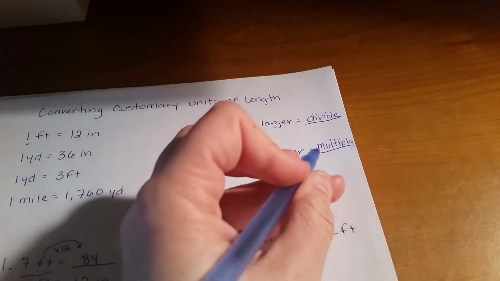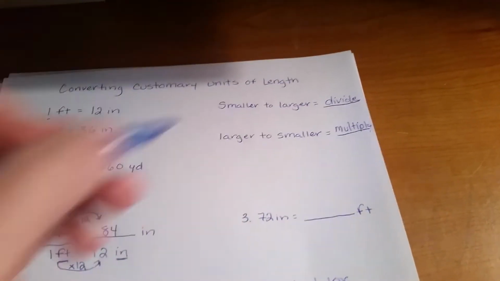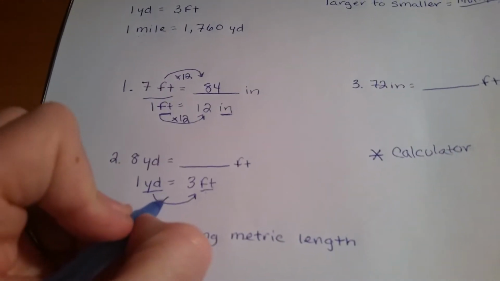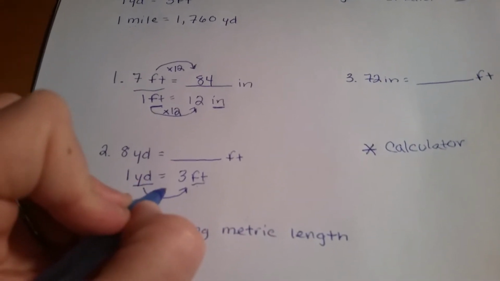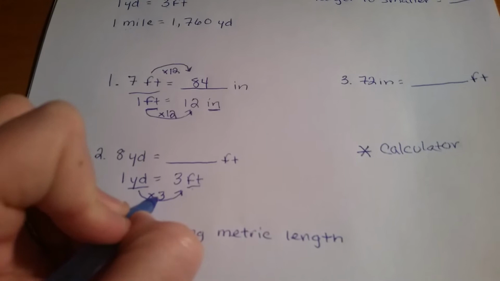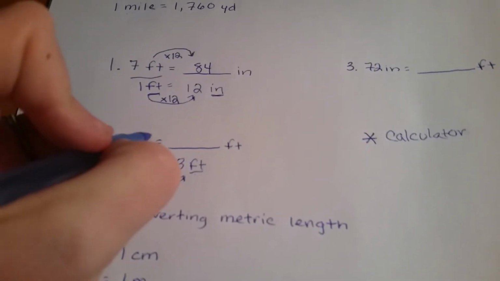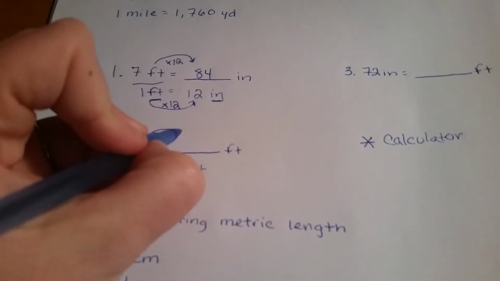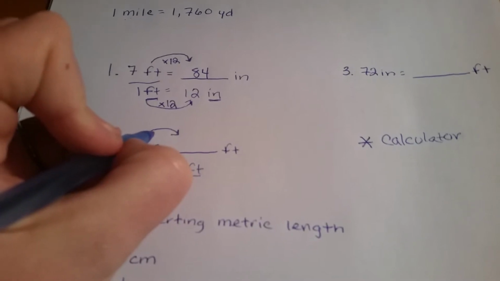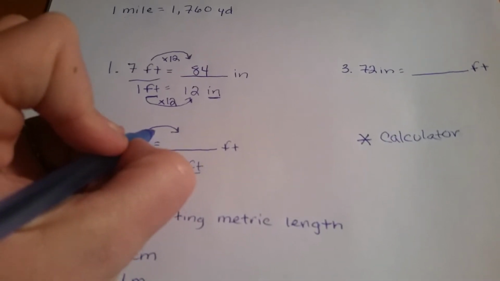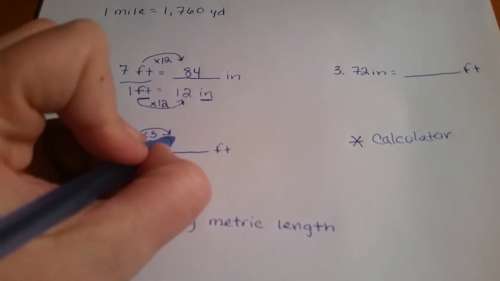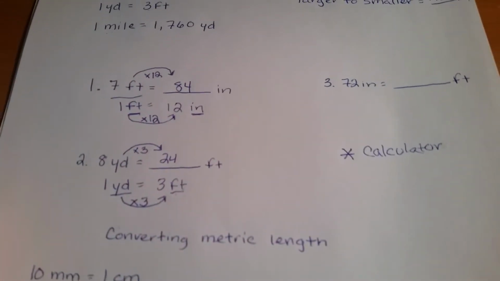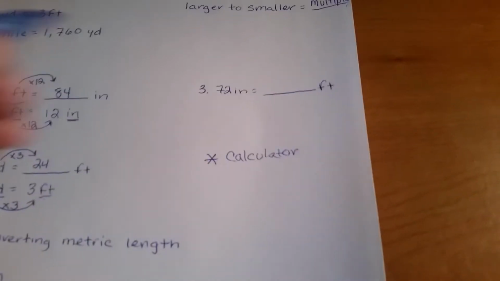So that must mean that I am multiplying. Times what though? 1 times what gives me 3. So it looks like 1 times 3 gives me 3. So if I do that to the bottom, I have to do the same thing to the top. So now I'm going to do 8 times 3 gives me what? 24.